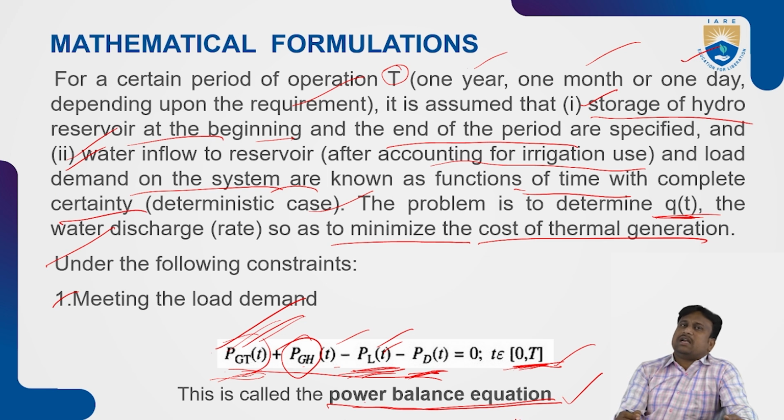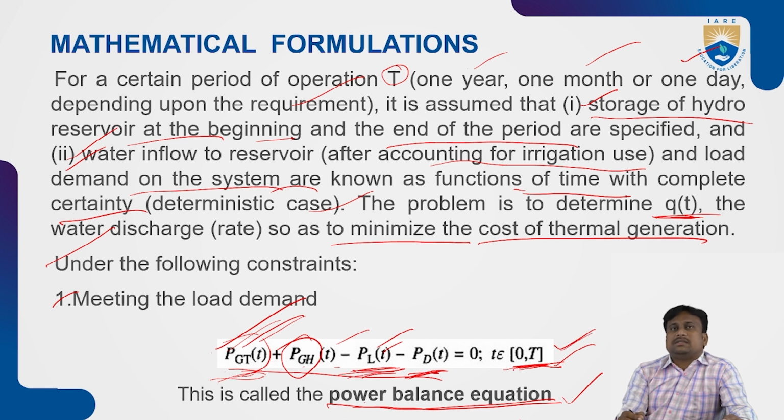The result of this power balancing equation is that you can meet the load requirement, the load demand, continuously, only when all these parameters are in place.